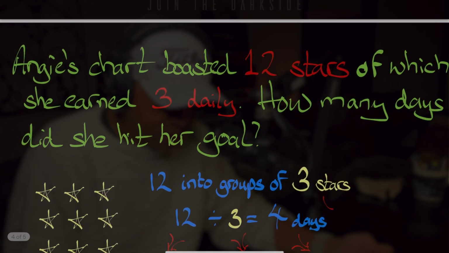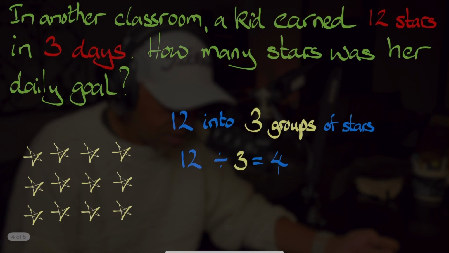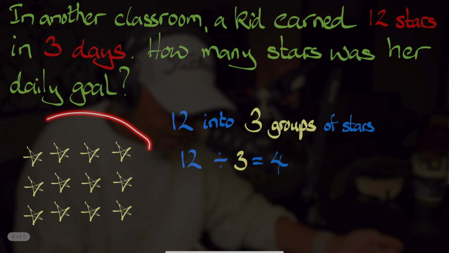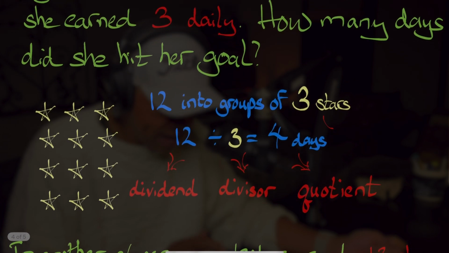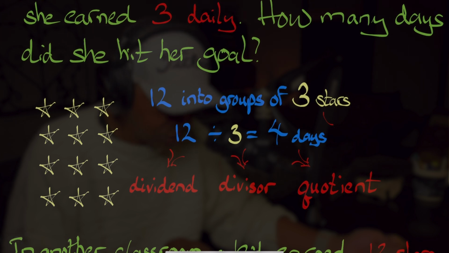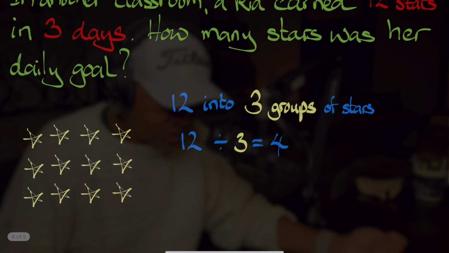In the prior question, it was how many days. So things have shifted a little bit. In fact, if you take a look at this array here, it's also got 12 stars, but I've got 1, 2, 3 rows. It's the same as we have in this situation, except instead of being vertical, it's flipped horizontally.